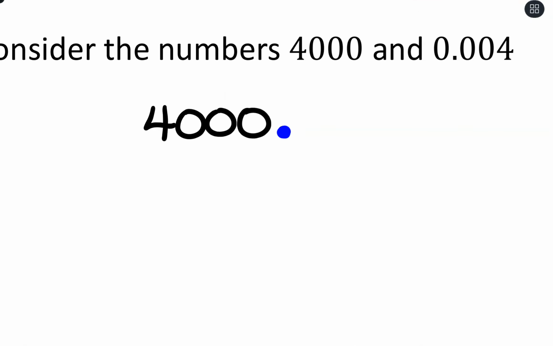So if I move it over here, I have 400. If I move it here, I'm at 40, still too big. If I'm here, then I'm at the value of 4, which is exactly what we want for something between 1 and 10. So I'm going to put the decimal there so I can write a as 4.0.